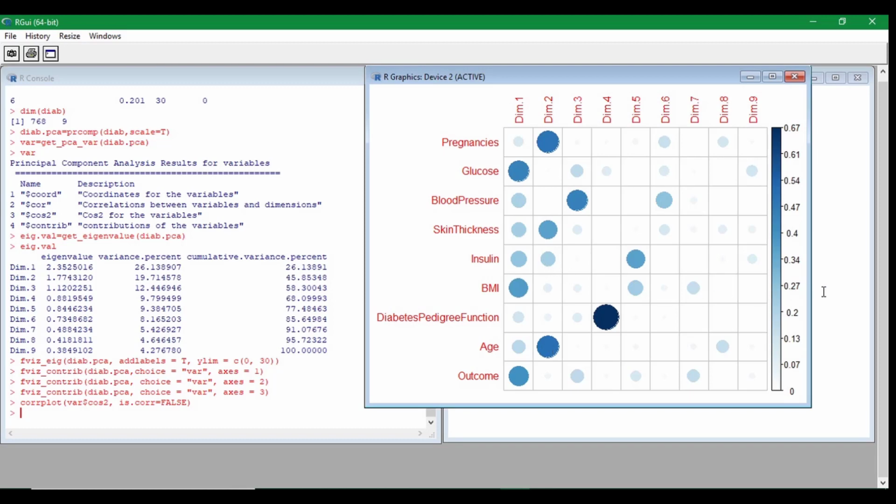So basically what we can take from this is that the main variables that we should look at when we are interpreting the first principal component are glucose, the body mass index, the insulin, and the outcome.